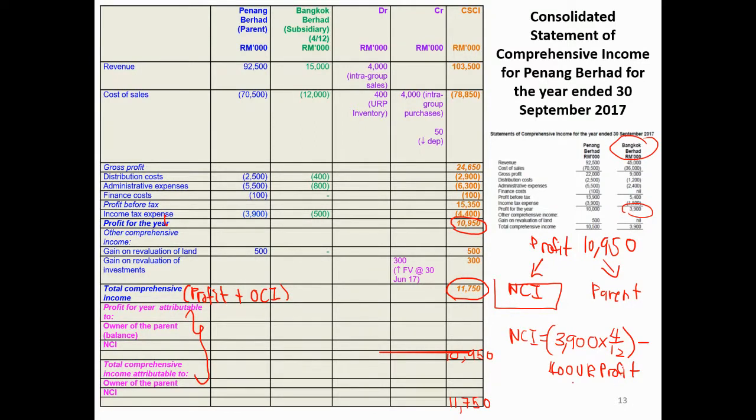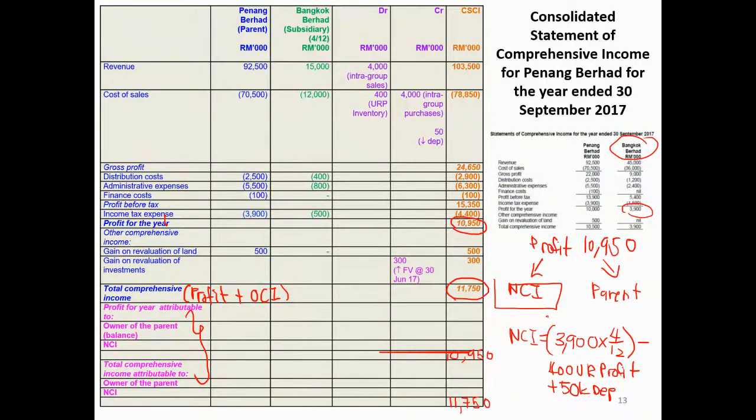Okay. One more adjustment to go, which is your depreciation. This 3.9 million has not taken into account the reduction in depreciation. Remember, your depreciation reduced by 50K, right? If your depreciation reduced by 50K, what happens to your profit? Your profit will increase. So plus 50K depreciation adjustment.